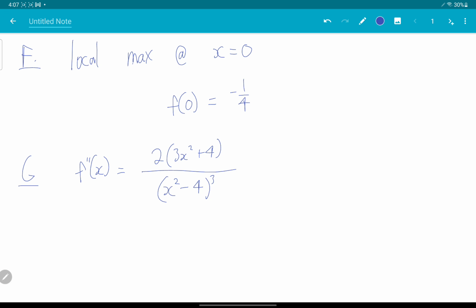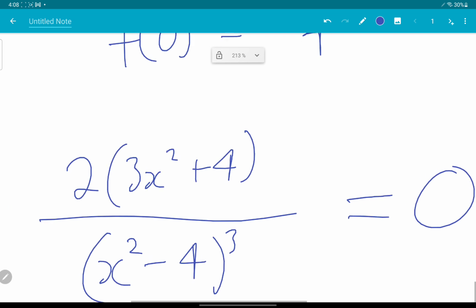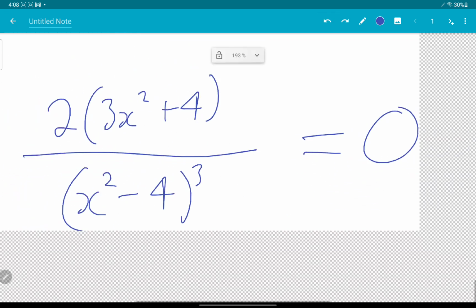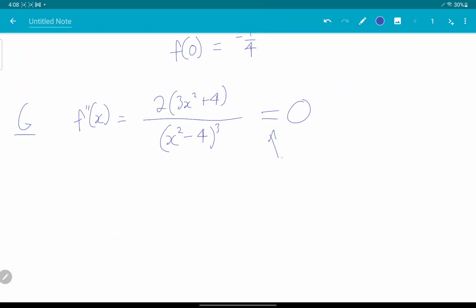So again, I'm not showing my work for these first and second derivatives, just to save time. So let's first of all find out where this is 0. Never. This numerator is never 0 because this is a positive number plus a positive number. You cannot get 0 from that. So I'll write no solution.